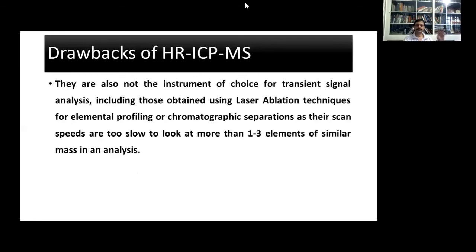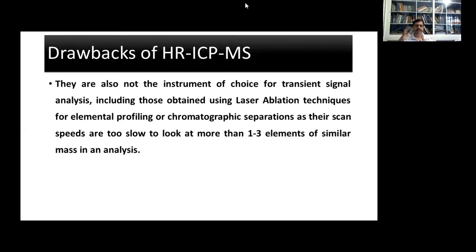These are also not the instrument of choice for transient signal analysis, including those obtained using laser ablation techniques for elemental profiling or chromatographic separations, because their scan speed is too low to look at more than 1 to 3 elements of similar mass in an analysis.